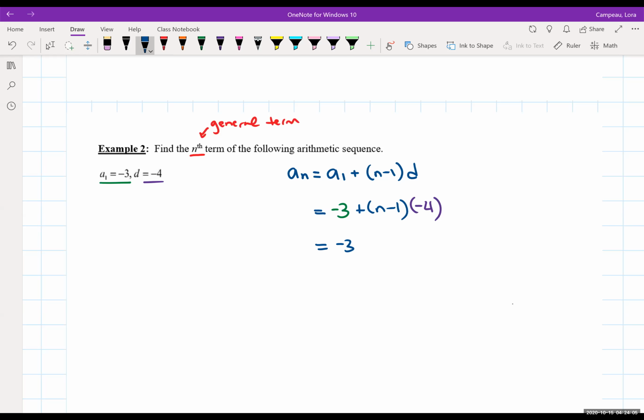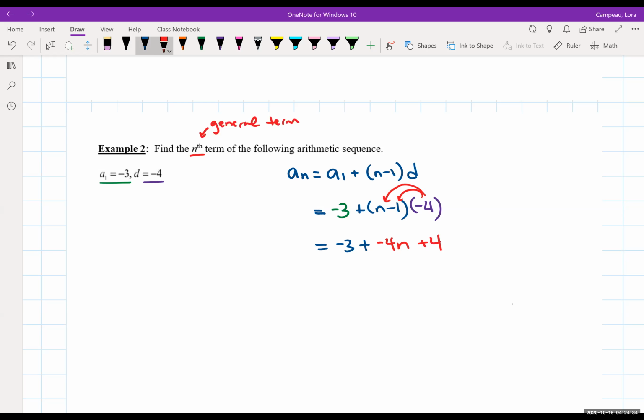We have -3 plus. And now notice when you are looking at n minus 1 times -4, you are doing, in a way, a backwards distribution. If you prefer, you could write the -4 in front. So if I do have a -4 times positive n, I do have -4n. -4 times -1 will give us a +4.